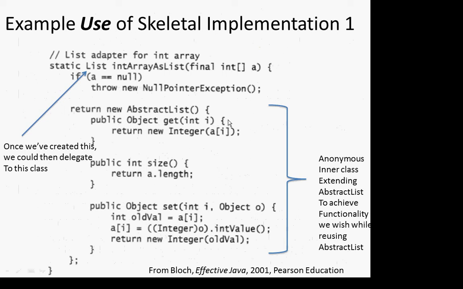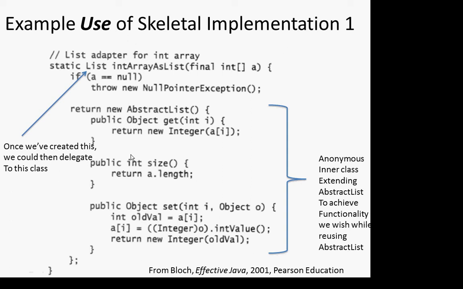Someone who's comfortable with the Java syntax? What's going on here? Return new abstract list, begin curly and end curly later. What's going on there? What's happening in this code? An anonymous class? It is an anonymous class.